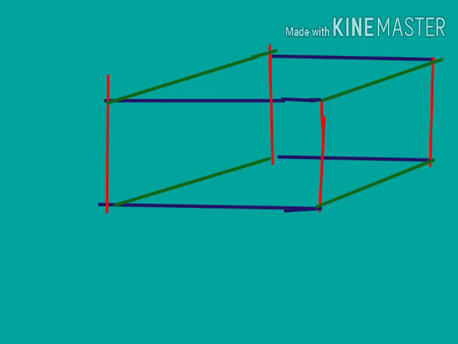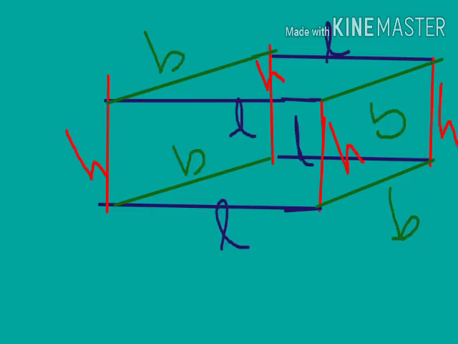That 12 edges means 4 edges are same as length, 4 edges are same as breadth, 4 edges are same as height. That means the total tape required for all the 12 edges equal 4L plus 4B plus 4H.